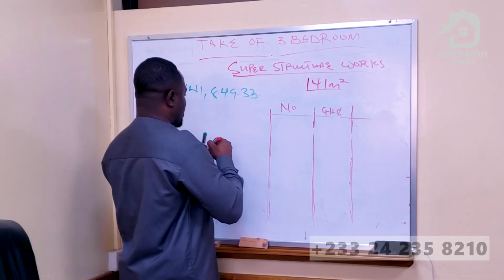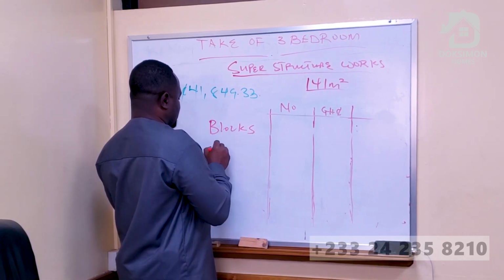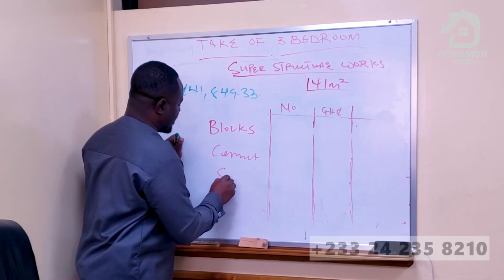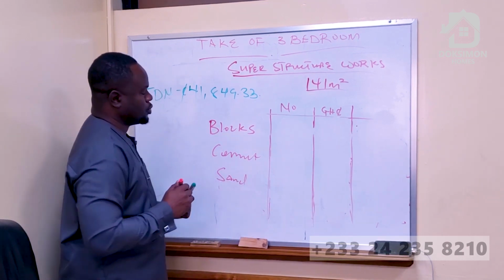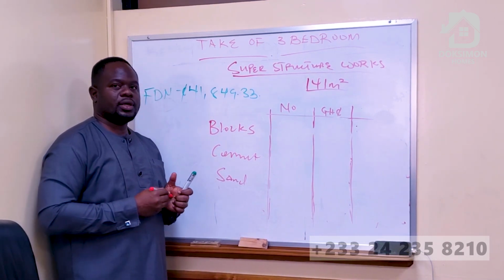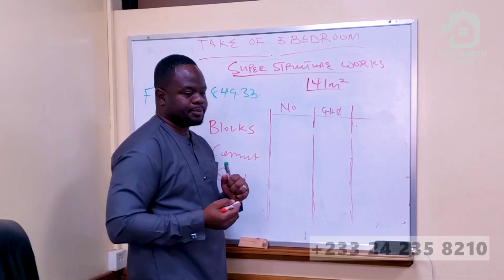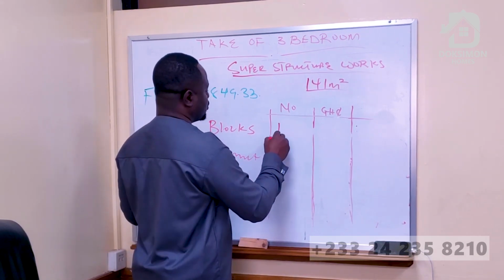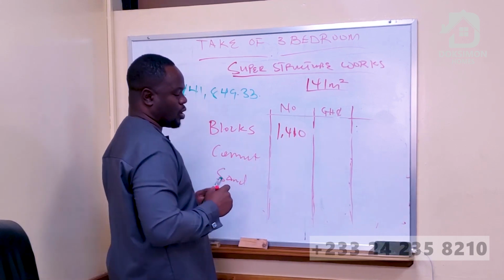So the number of blocks, the cement, the sand that we will need in order to lay all the walls. With the number of blocks, we will need 1,410 blocks.